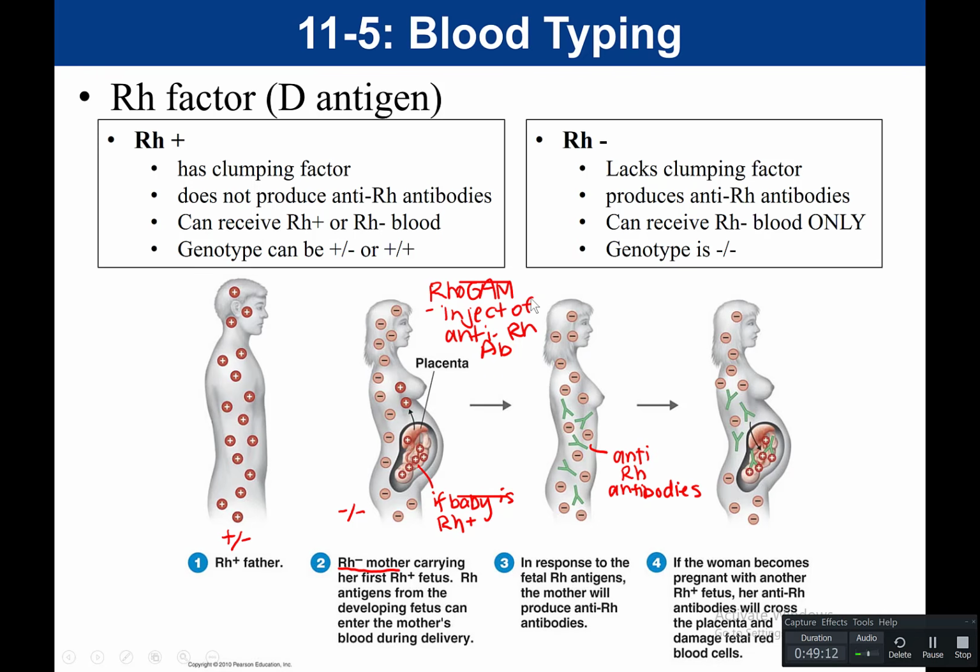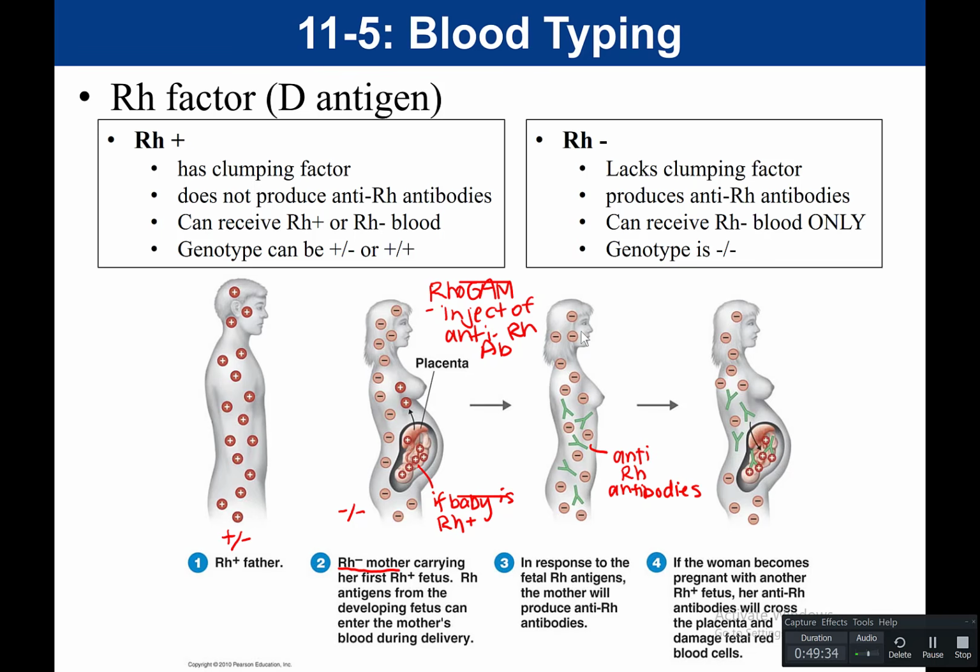You want to understand that one of the things to treat this is that during delivery, mother is going to be given an injection of something called RhoGAM. Basically, it's injecting in these anti-Rh antibodies. And by injecting in these anti-Rh antibodies, it's preventing mom from making Rh antibodies.